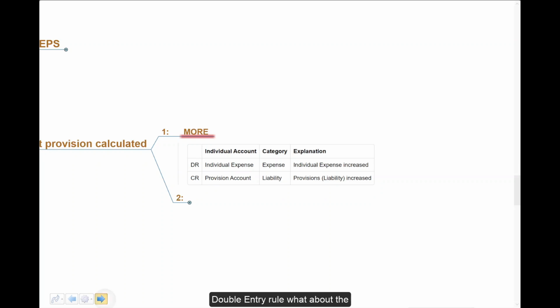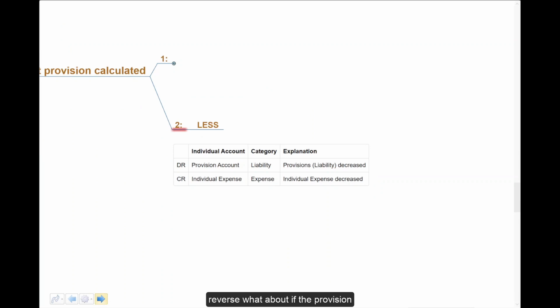What about the reverse? What if the closing balance on the provision account is less? What do we do then? Well, really the reverse. I want to reduce a liability. Going to my double entry rule, to reduce a liability, I debit the liability or debit the provision account. That reduces it.